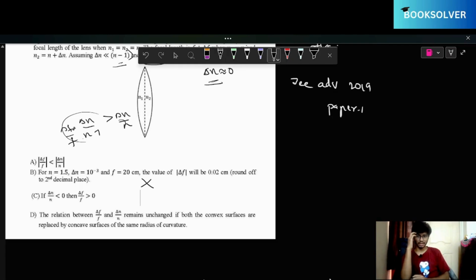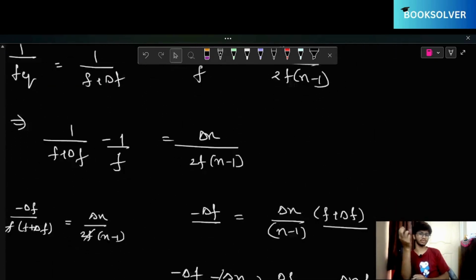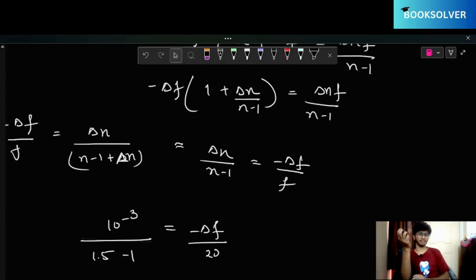Next, if delta N by N is less than 0, delta F by F is greater than 0. This is true, because if this is less than 0, that means it's negative.